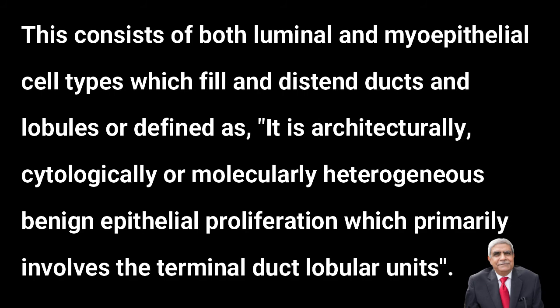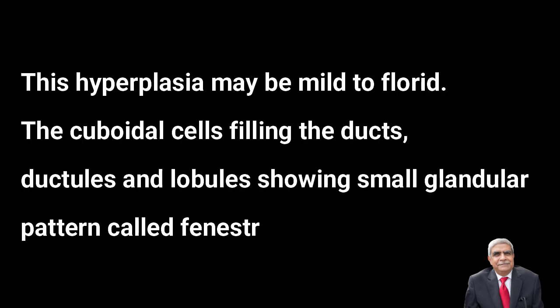This consists of both luminal and myoepithelial cell types which fill and distend ducts and lobules. It is an architecturally, cytologically, and molecularly heterogeneous benign proliferation which primarily involves the terminal duct lobular units. This hyperplasia may be mild to florid.